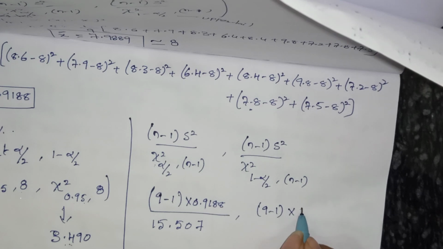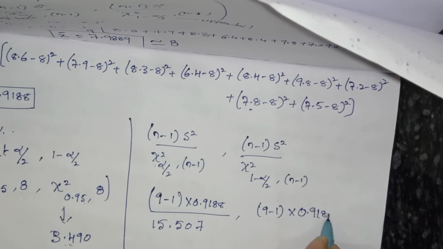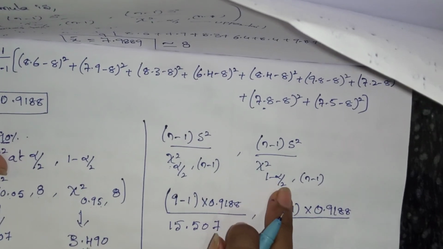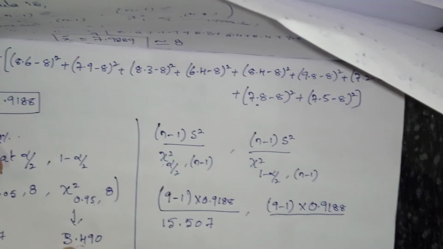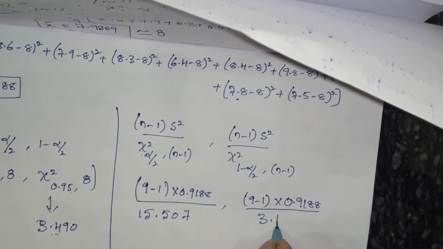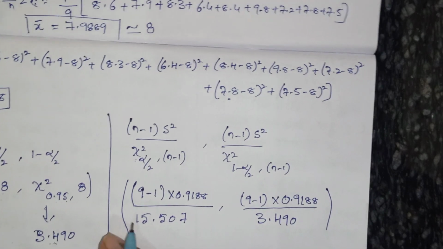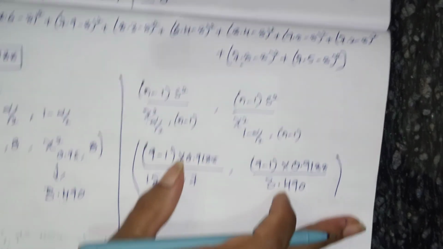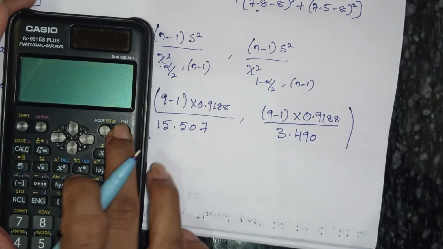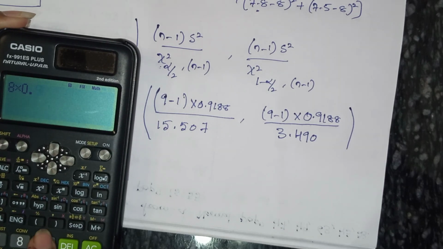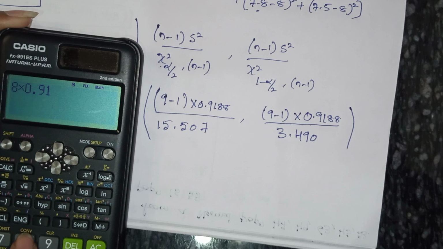What is s square? 0.9188 by 1 minus alpha by 2, that means 3.490. Yeah, we'll calculate. Here 9 minus 1 is nothing but 8, 8 into 0.9188.